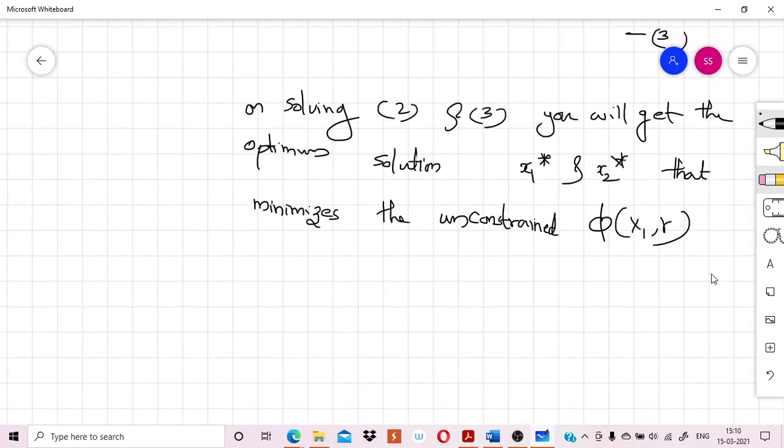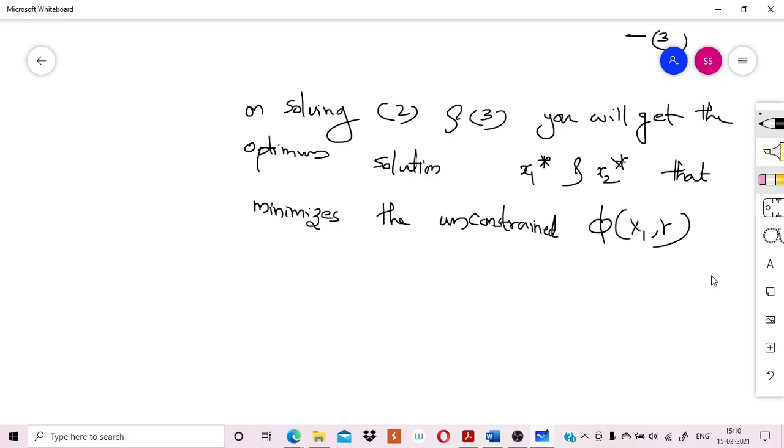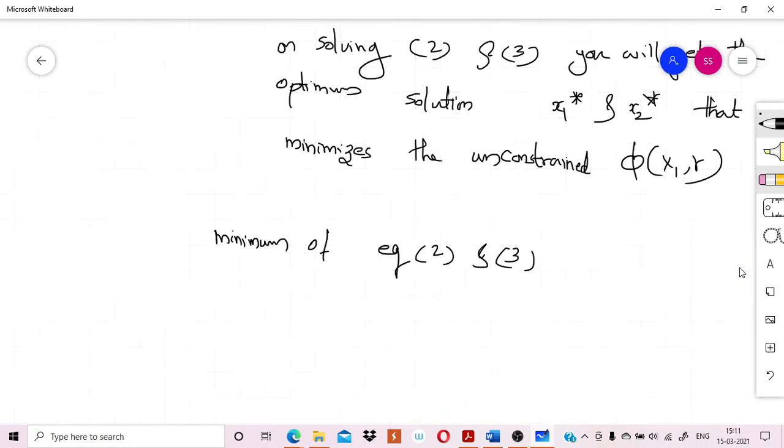Okay, in that case you have to take the minimum of equation 2 and 3. Then only you will get the x1 star and x2 star that minimizes the unconstrained objective function phi of x1, r.